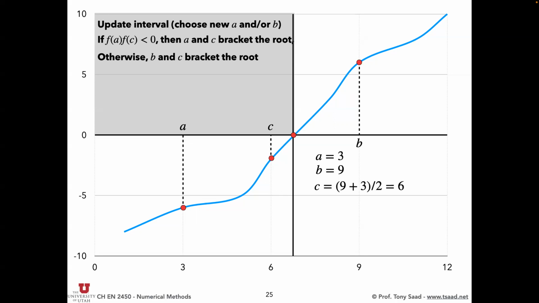You agree that in this case, f of A times f of C is positive, and f of C times f of B is negative. So we know that there's a root between C and B. So my new interval, C is going to be my new A, and B is going to stay as B.